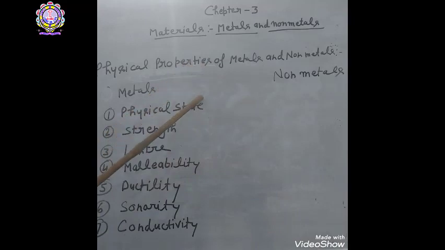The next physical property of metals and non-metals is malleability. The property of metals by which they can be beaten into thin sheets is called malleability.